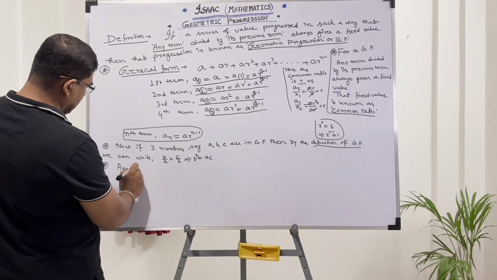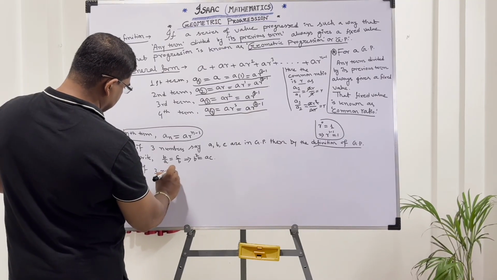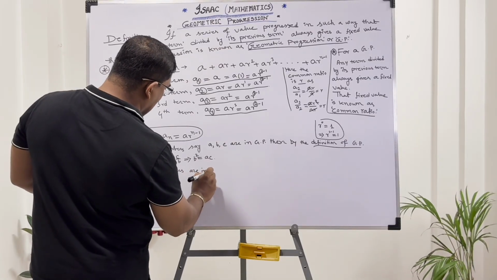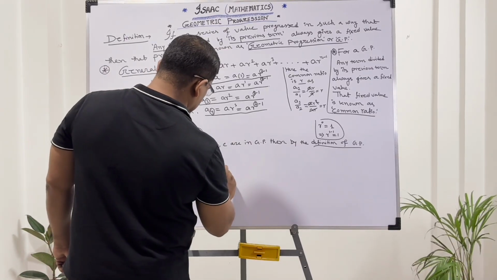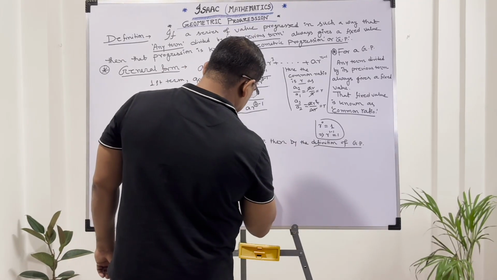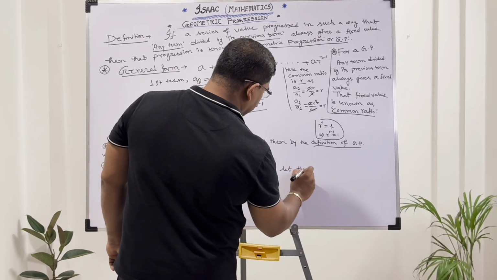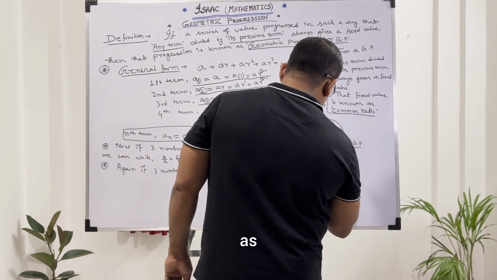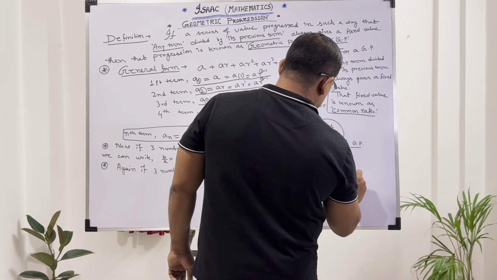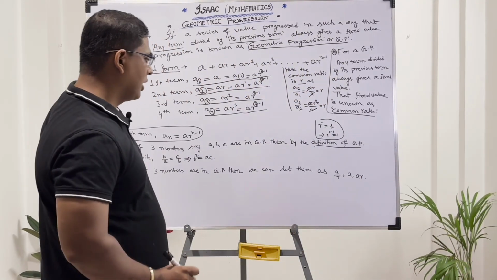Again, if three numbers are in GP, then we can let them be A by R, A, AR.